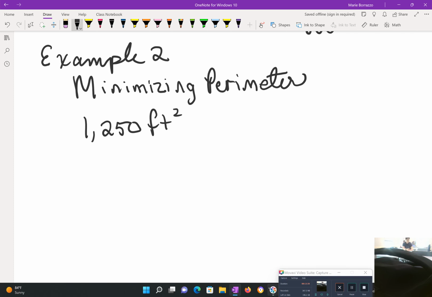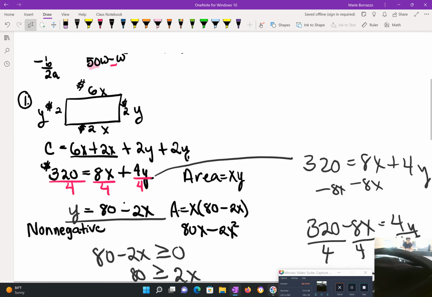And we will assume that the cost of each of the fencing parts is not changed. So we'll begin with the obvious. Going back to that, we're going to minimize C equal to 8x plus 4y. If you don't remember where that came from, I'll bring you back to example 1.